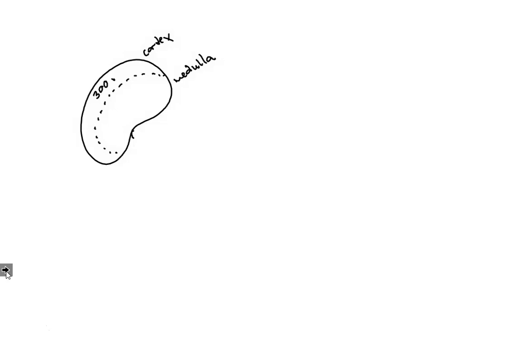The concentration is about 300 milliosmoles in the cortex. And as we go deeper into the medulla, the concentration increases to about 1200 milliosmoles. The osmol is a measure of osmolality as opposed to osmolarity. They're similar, but not exactly the same.